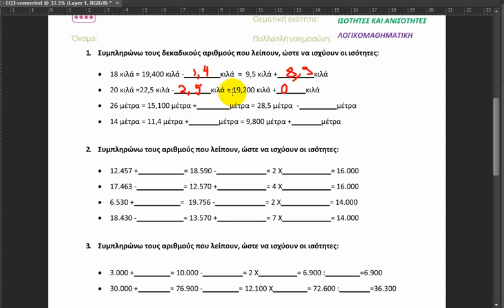Again, if you find the difference between this and this, or in the previous case, this and this, you get what you're looking for. If you do the subtraction 22.5 minus 20, you get 2.5. If you get 20 minus 19.2, you get 0.8.